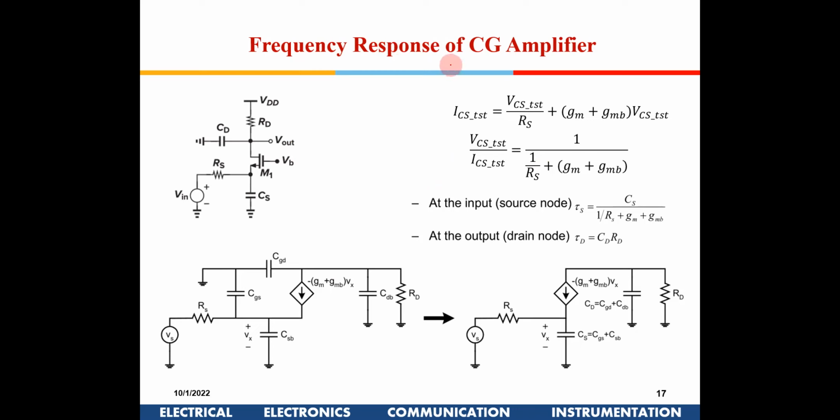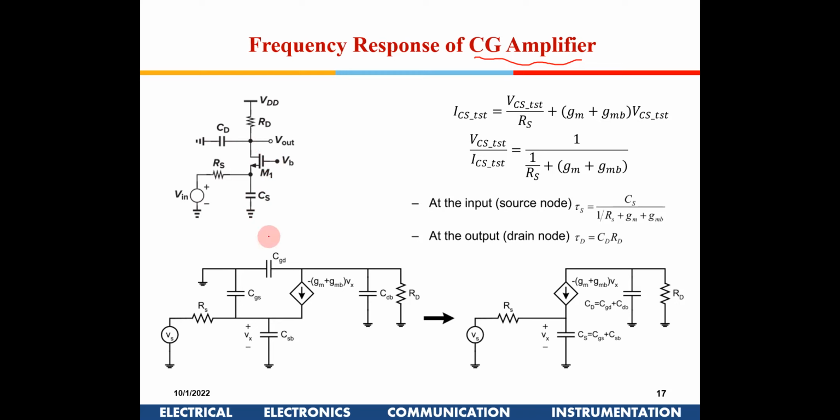So similarly, if I have to find out the frequency response of a CG amplifier, okay. Now I am applying a voltage signal out here, right. So this is RS, and this is CS, which is the capacitance at the source of this transistor. So I have a CS out here, and this is CGD, right.